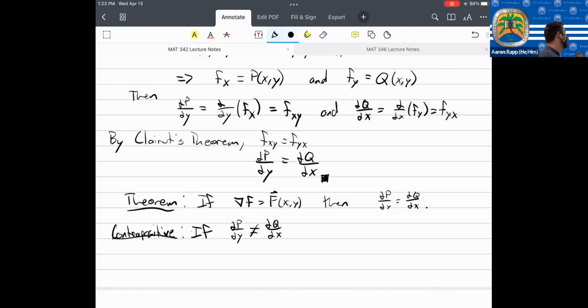So contrapositive just says if I look at the partial with respect to y of the x component, and it's not equal to the partial with respect to x of the y component, then my vector field is not conservative.